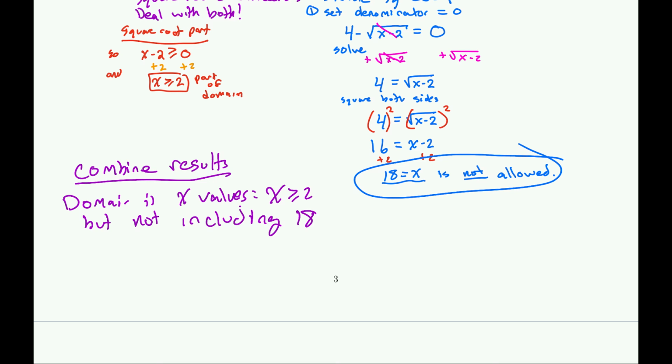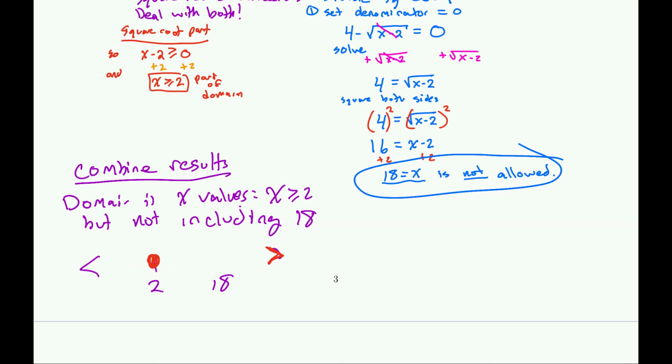So on a number line, it looks like this. So the numbers we care about are 2 and 18. So x greater than or equal to 2 is like starting right here and then going this way, right? That's x values greater than 2. But x equals 18 is not allowed. So right here, you need to actually erase a point and put an empty circle there.